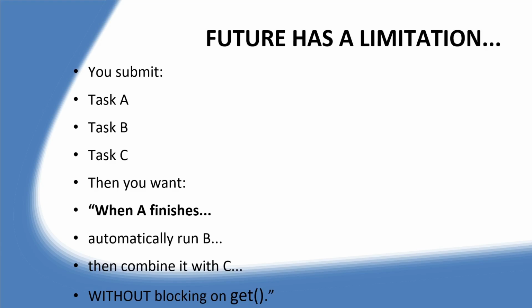Or what if we want to build an asynchronous pipeline without repeatedly blocking the current thread using the get method? For these kinds of questions, more advanced asynchronous workflows are there. So Java provides a much more powerful API, and that is CompletableFuture. It takes asynchronous programming in Java to the next level.